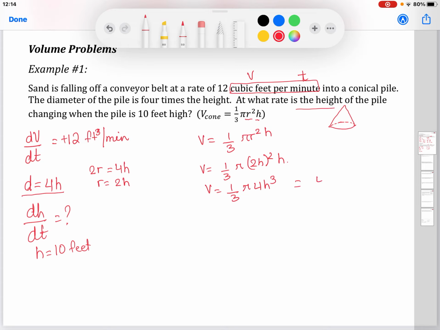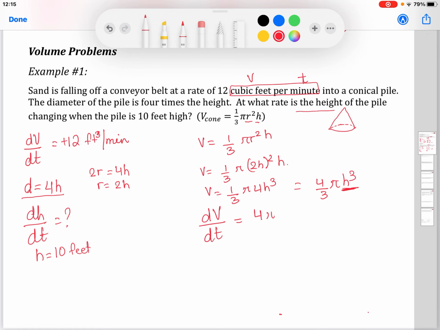I'm going to simplify that, and that would be 4/3 pi h cubed. And then I'm going to take the derivative. So now let's take the derivative of this. It'll be dV/dt equals, you're just basically taking the derivative of h cubed, so the 3's cancel out, so it'll be 4 pi h squared, and we're going to write dh/dt, right?